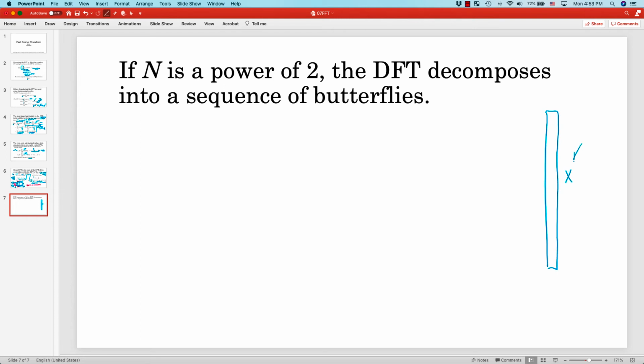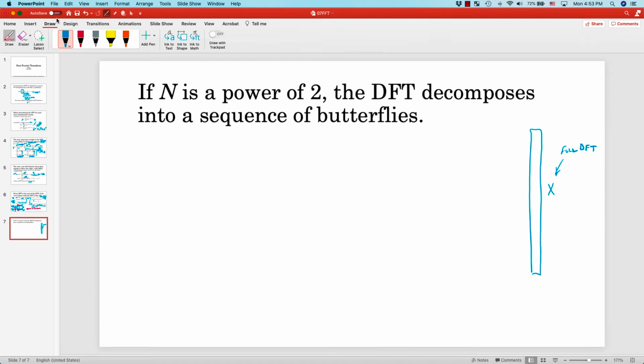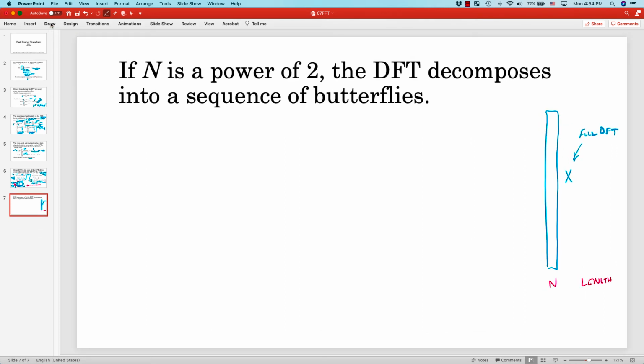So this is the full DFT, and it is of length N. So I'll draw that down here. Okay, and so what we just said is that we can build this out of the gluing together of two subsequences.